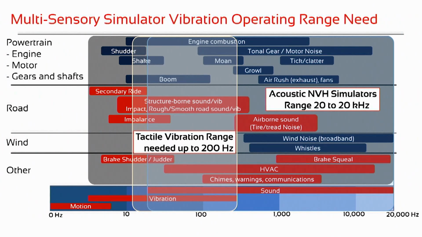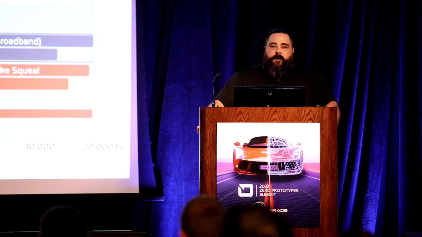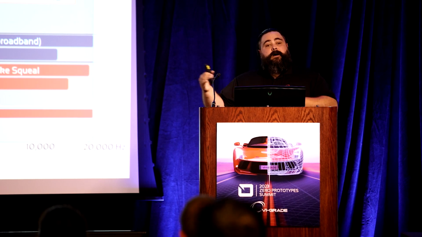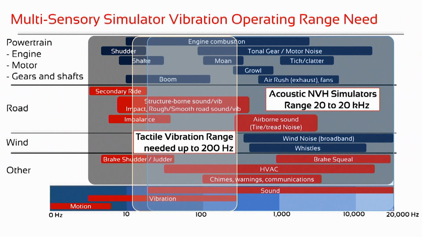Now, in this overlapped area, the two of them work hand in hand. So there is basically an interaction between the two that can change an operator's perspective on how something sounds or how a vibration feels because of that contextual combination of those two.